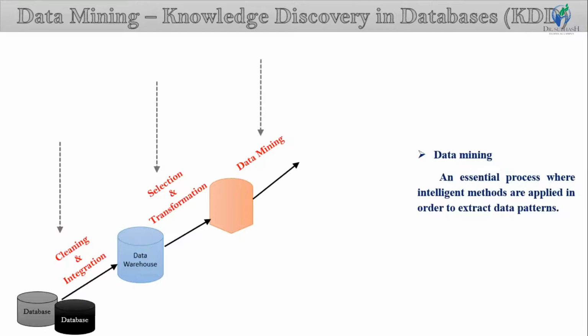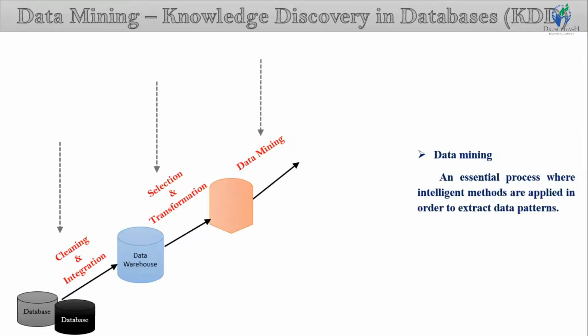Data mining is the core process where a number of complex and intelligent methods are applied to extract patterns from data. The data mining process includes a number of tasks such as association, classification, prediction, clustering, time series analysis, and so on. Or we can say data mining is defined as clever techniques that are applied to extract potentially useful patterns.